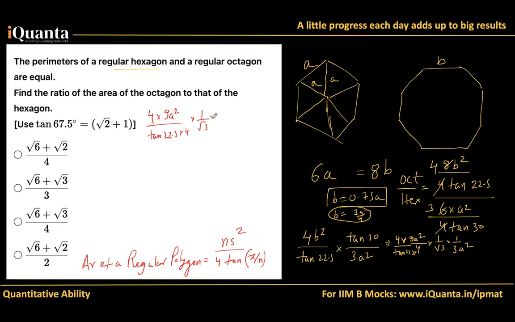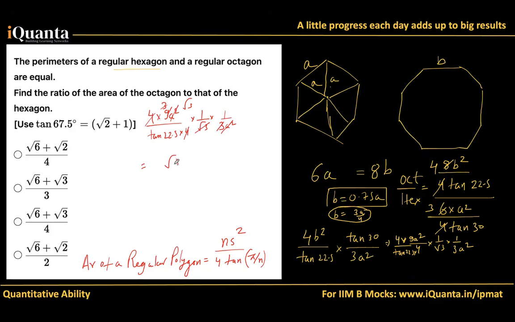Okay, and 1 upon 3a square is also there. So a square cancels, 3 cancels 9, we get 3. Okay, 4 cancels 4, and root 3 cancels 3 by root 3.